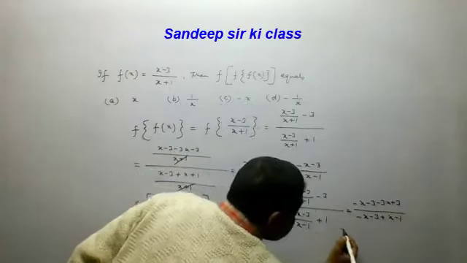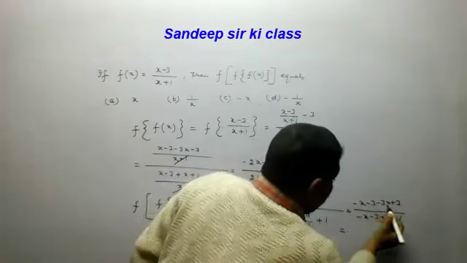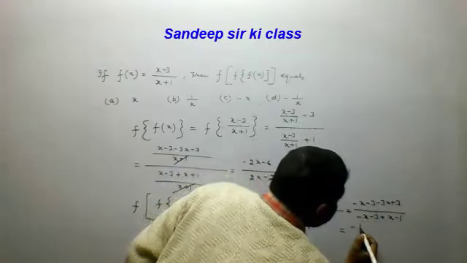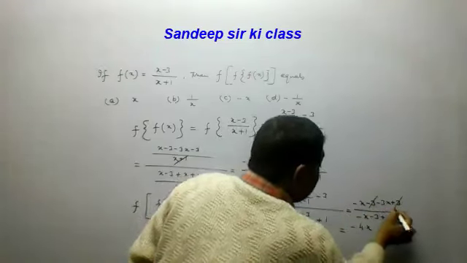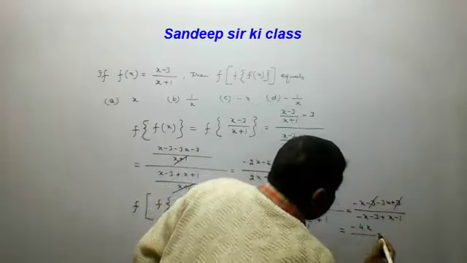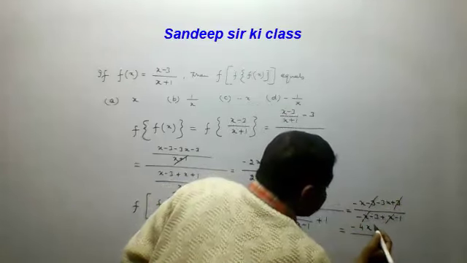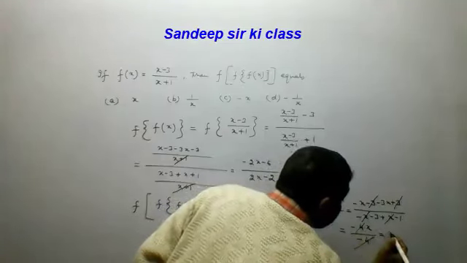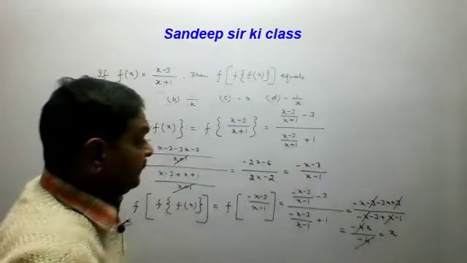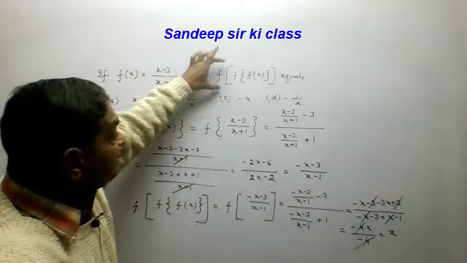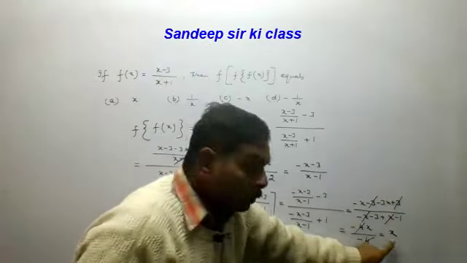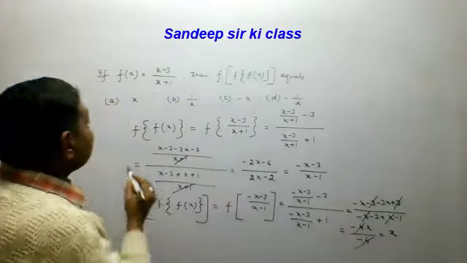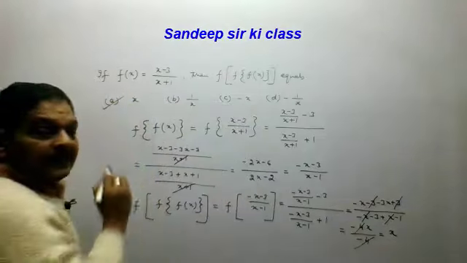Simplify this. This is equal to minus 4x, 3 and 3 are cancelled, upon x and x are cancelled, it will be minus 4. Minus 4 and minus 4 are cancelled, we obtain x. So value of this function is equal to x, and hence here option A is the correct option.